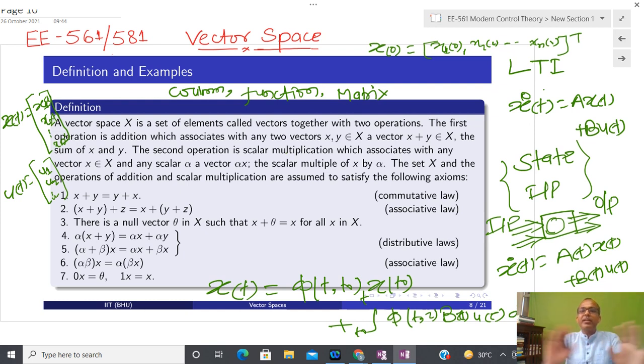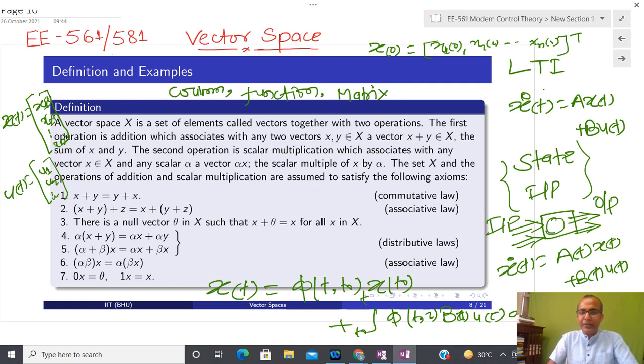So I am talking about a very generalized object. Now we are in a troublesome situation: I have some elements as columns, some as functions, and some as matrices.